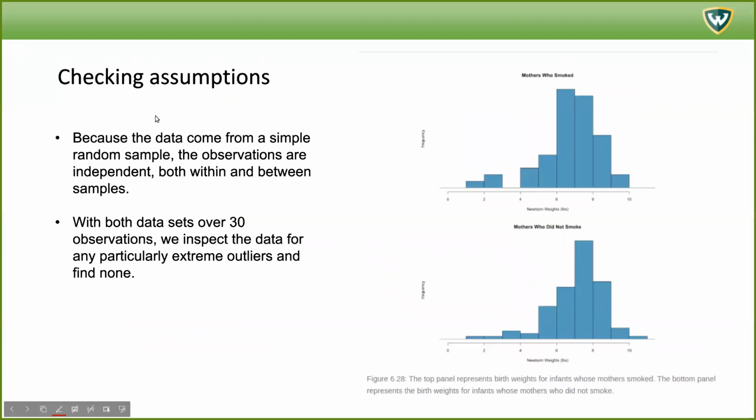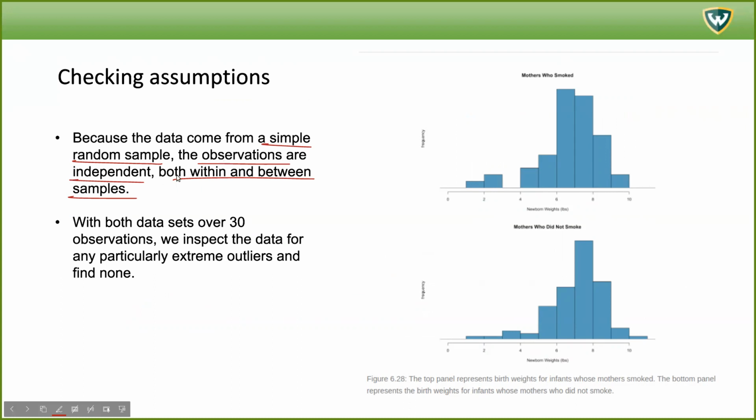As usual, we need to check the assumptions. Because the data come from a simple random sample of mothers, the observations are independent, both within and between samples. They already told us that this was a simple random sample of mothers, so we can believe them.